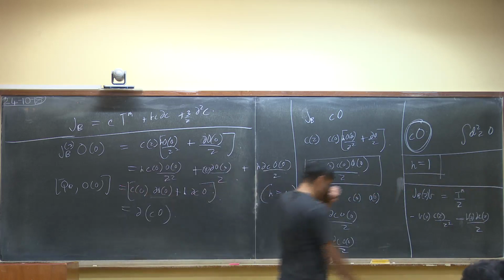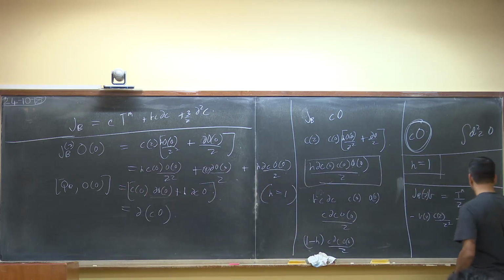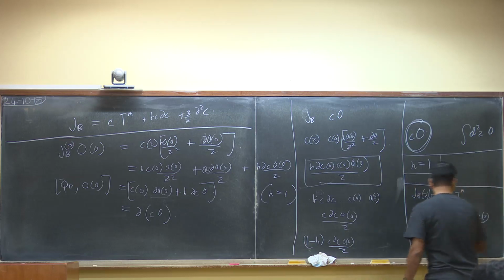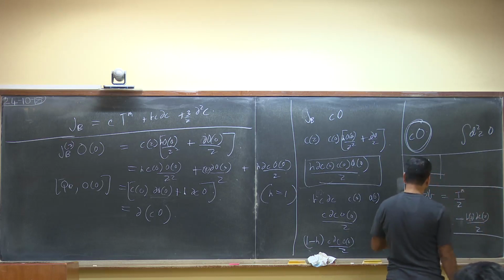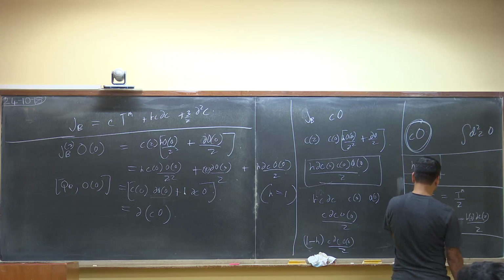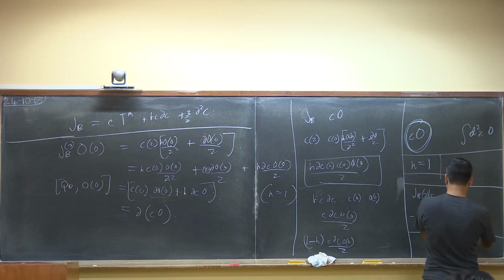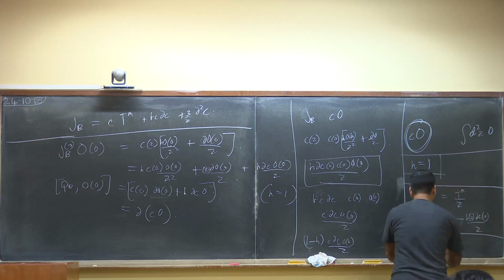Okay. And this was the thing that we claimed was equal to T ghost. So let's see. Let's write this as, T ghost was, what was it? B del.